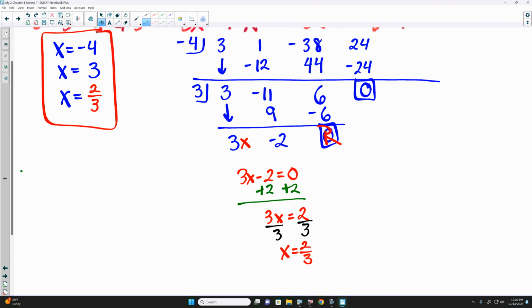Any other questions on 33 through 34? We good with 29 through 34? Are we good with all these here?